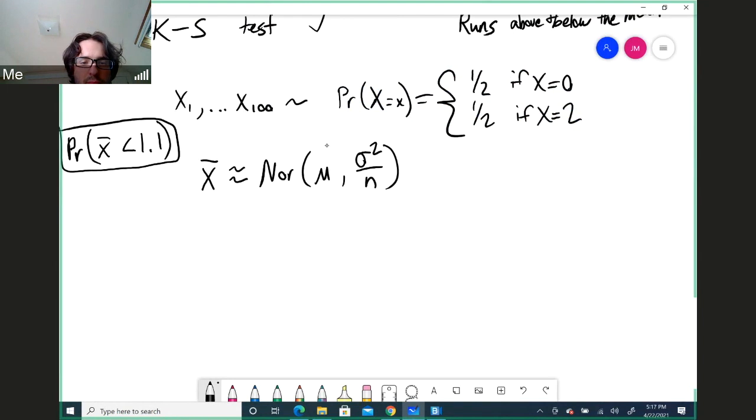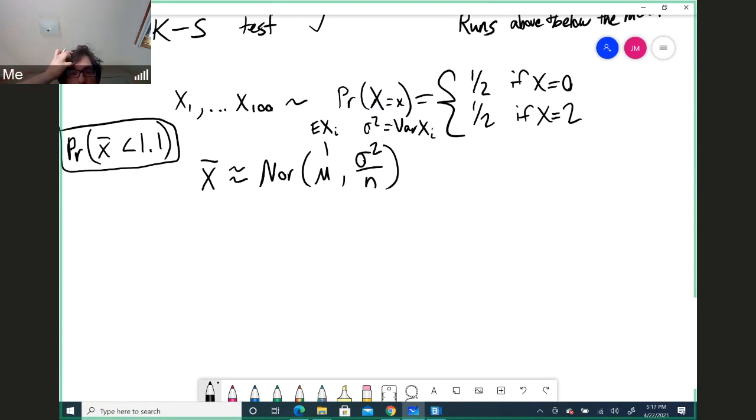The mean mu is just E[X], and sigma squared is just Var(X). To be pedantic, I'll say Xi, because all of these X's are distributed the same, and they're independent. So mu is E of Xi, and sigma squared is equal to Var of Xi.